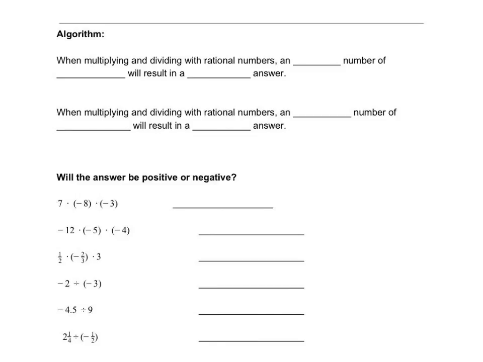This is your algorithm, or the rules that you want to follow when multiplying and dividing. When multiplying and dividing with rational numbers, an odd number of negative signs will result in a negative answer.